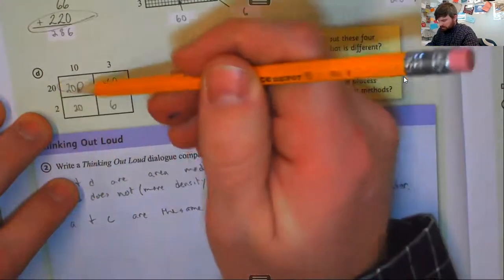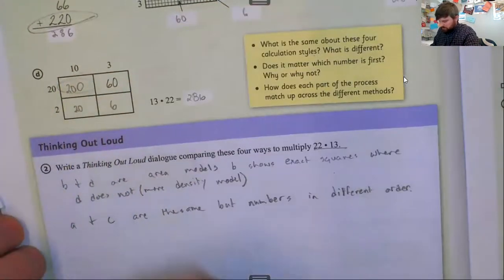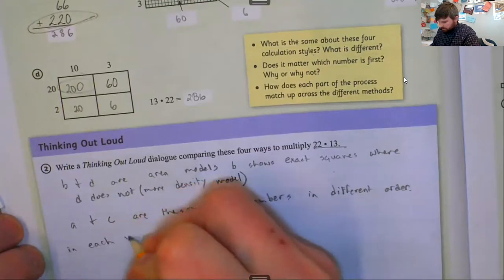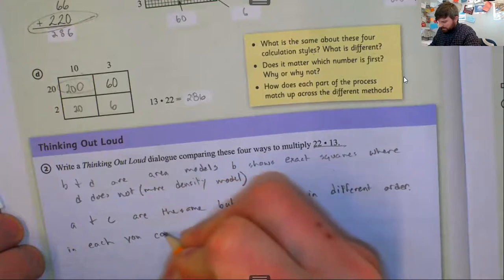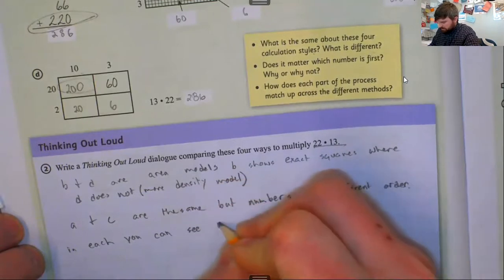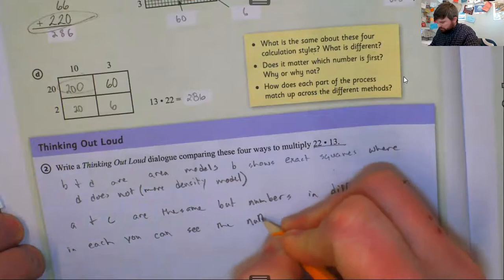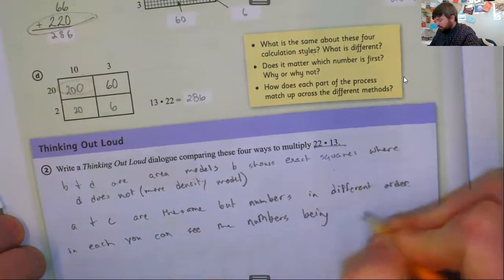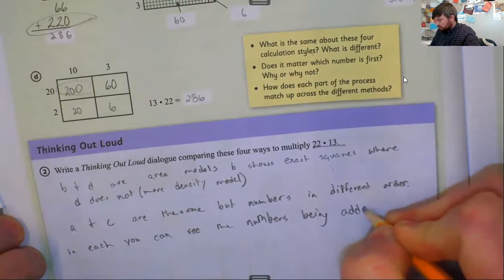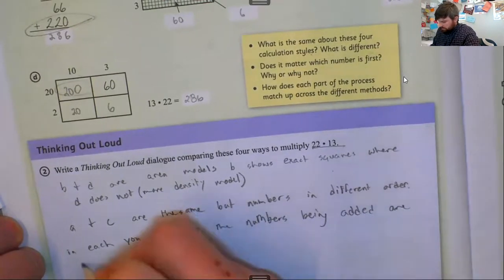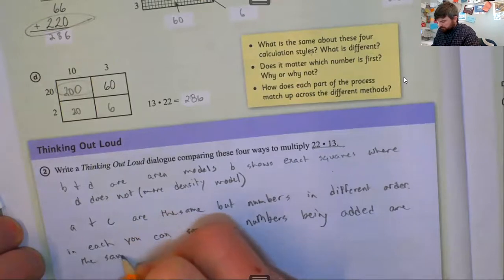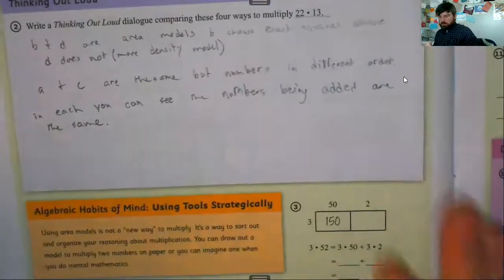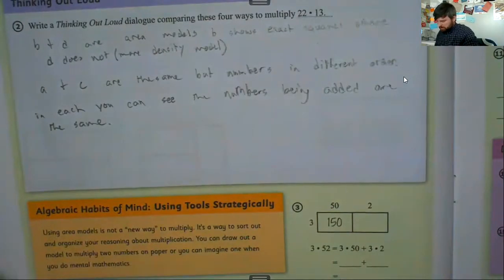But if you go the other way, you got 220 there. So in each, you can see the numbers being added are the same. All right, so area models are a good source for large multiplication.